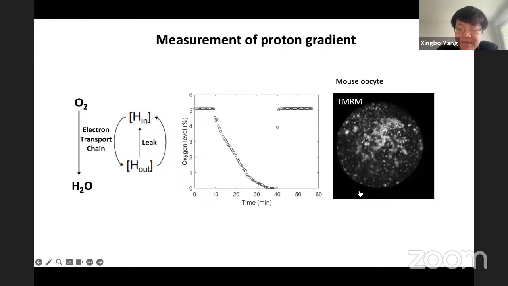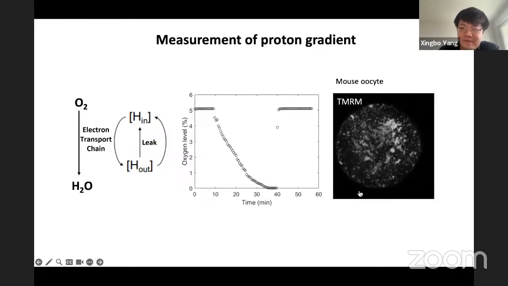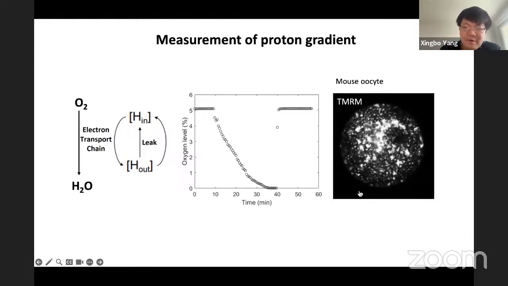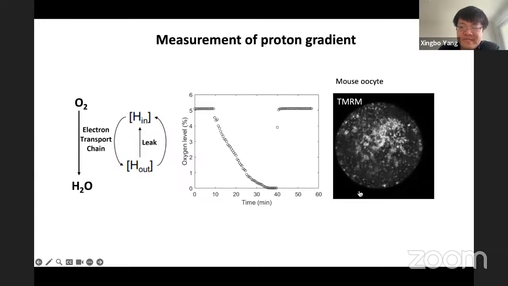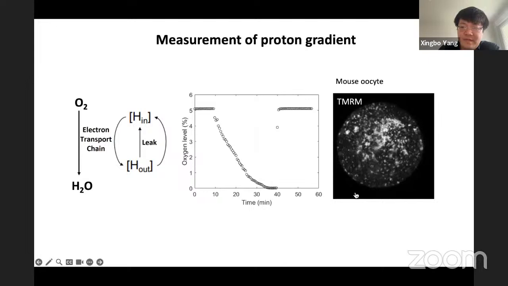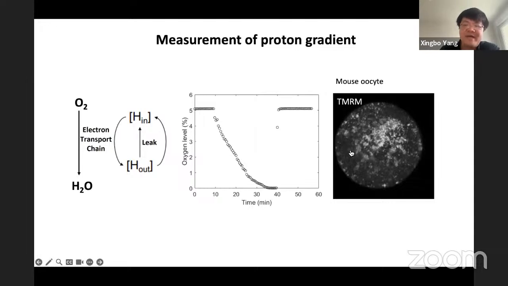So this is starting to depolarize. This is recovered, sorry. So this is the beginning, hyperpolarized mitochondria. This is starting to depolarize. This is truly depolarized, and I really want to capture this depolarized state. Here you can see that the contrast between the mitochondria and cytoplasm decreased. If it's completely depolarized, it can become homogeneous.